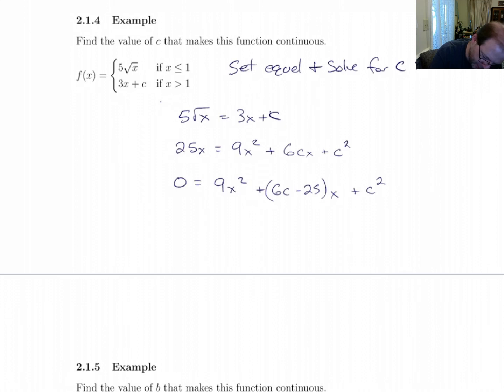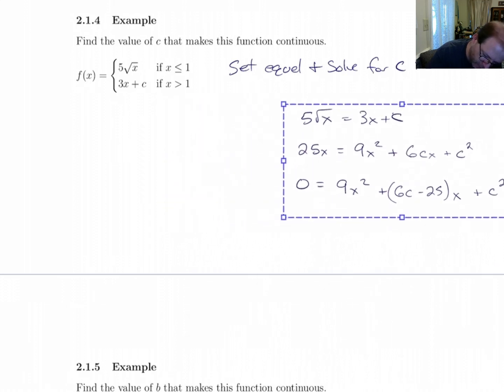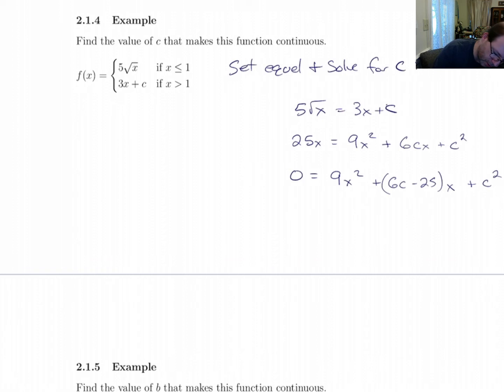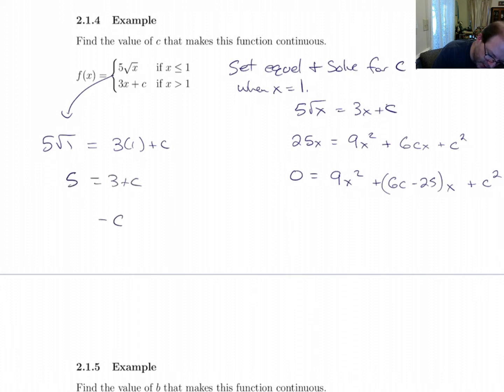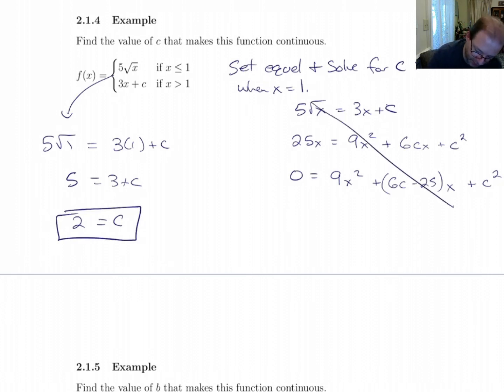I'm going to leave this in because, let's see, set equal and solve for C when x equals 1. So this top is just going to give me 5 root 1. And the other one is 3 times 1 plus C. So that's just 5 equals 3 plus C. C is 2. All right. This stuff over here we don't need to do.